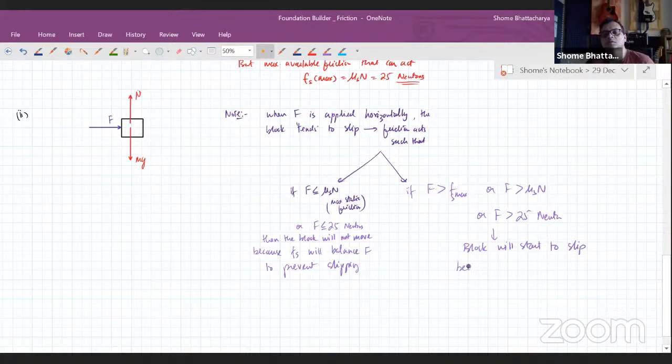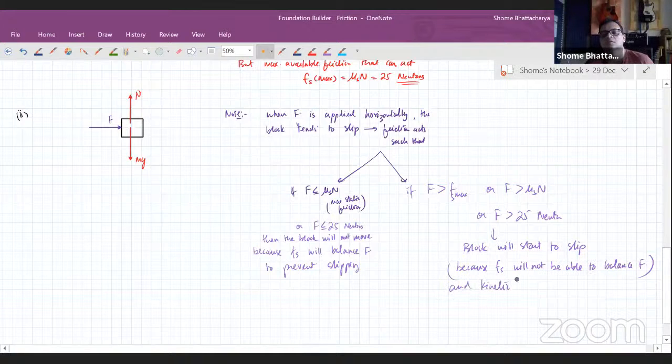Static friction will not be able to balance F. F is too large for static friction to handle. Instead, kinetic friction, Fk equal to mu k into N, will act, opposing the slipping.